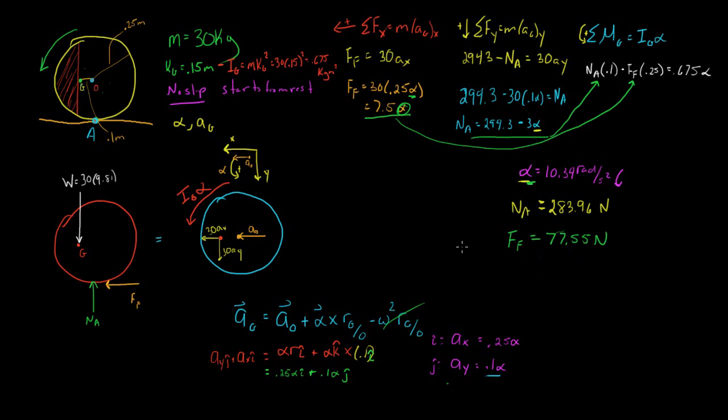And I can also use this equation right here to get what my acceleration in my x direction is, what my acceleration in my y direction is, and I can get an acceleration of x, which is equal to 2.58 meters per second squared in this direction, and an acceleration of y, which is equal to 1.034 meters per second squared in this direction.